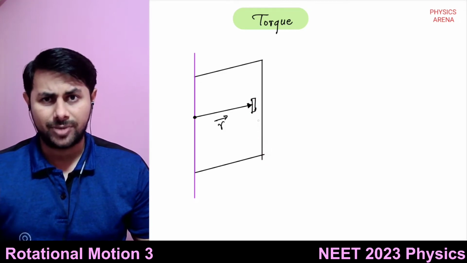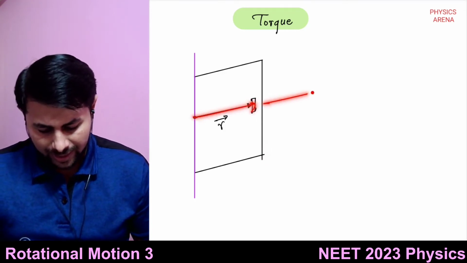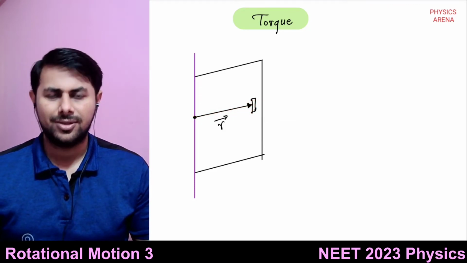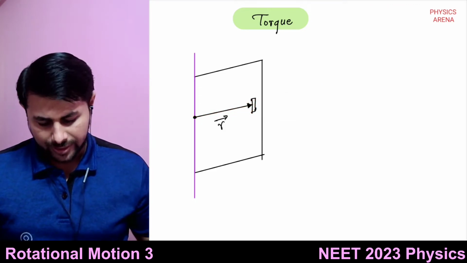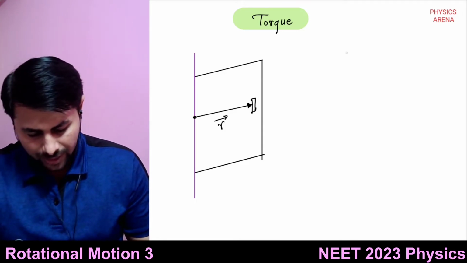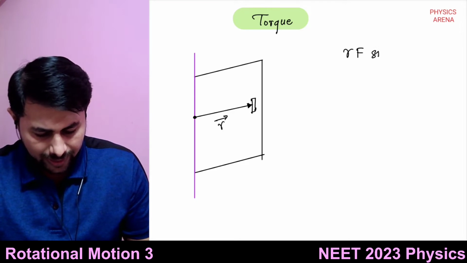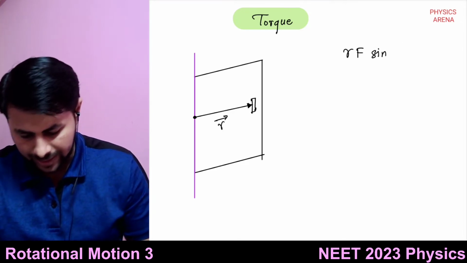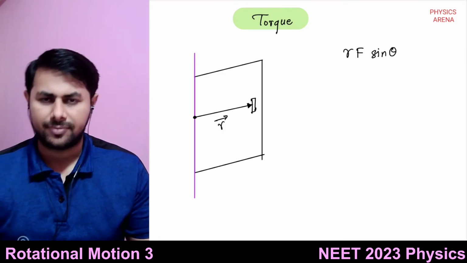Sine of 0 is 0. So if r and f are in the same direction, there is no rotation, right? So we can say the rotational effect is directly proportional to r, f, and the sine of the angle between r and f. That angle is theta.